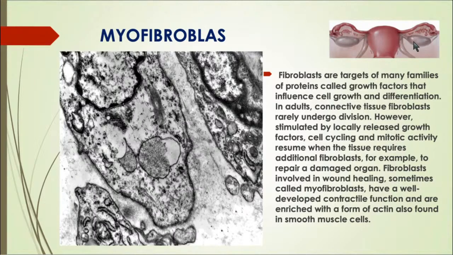In the upper picture, look, this is the uterus, and during the pregnancy of a female, the diameter of the wall increases more than 10 times. This is a moment of hyperplasia, an increase in the quantity of cells via proliferation of myofibroblasts, not smooth muscle cells, but myofibroblasts.